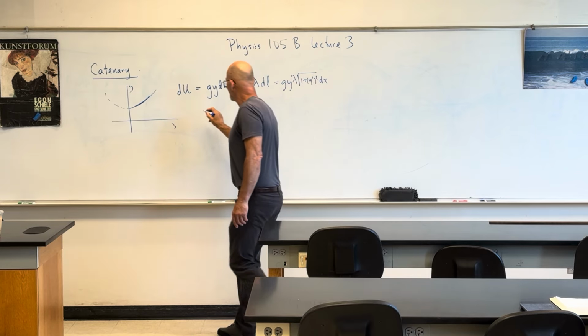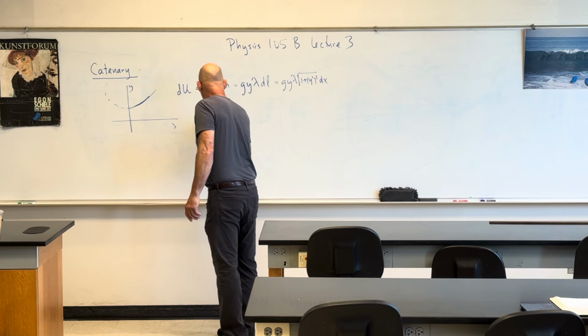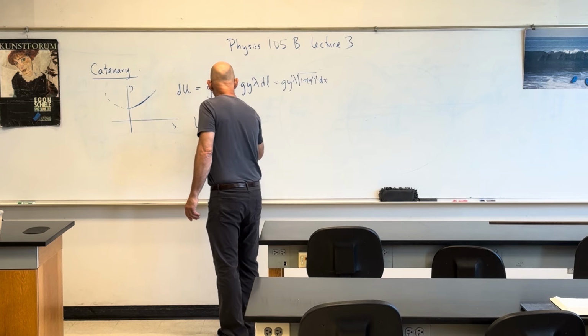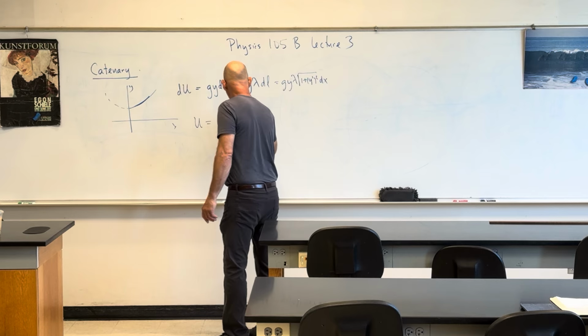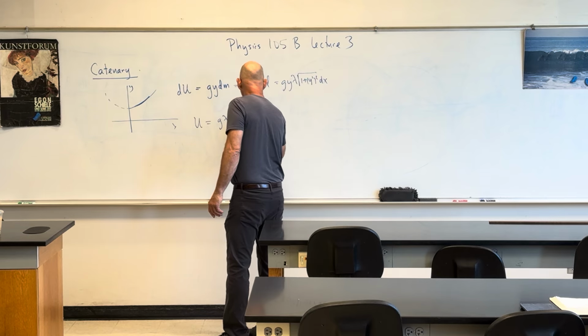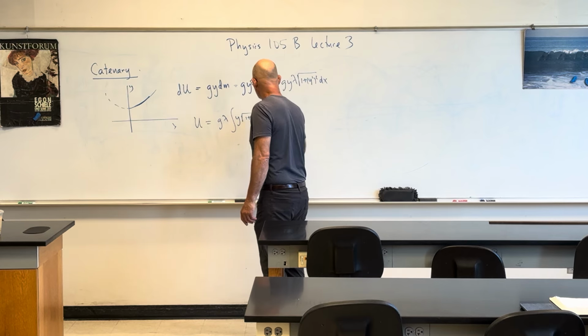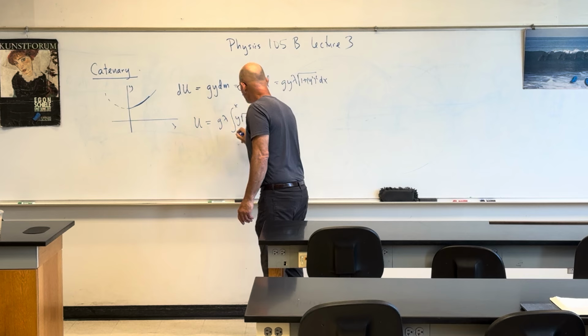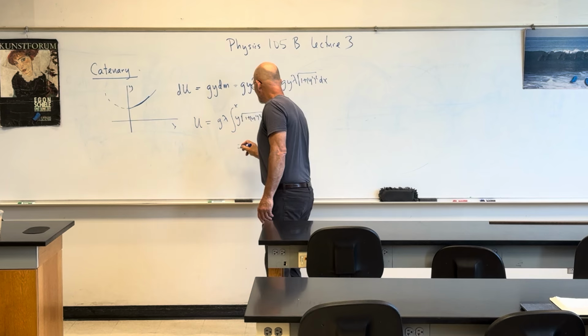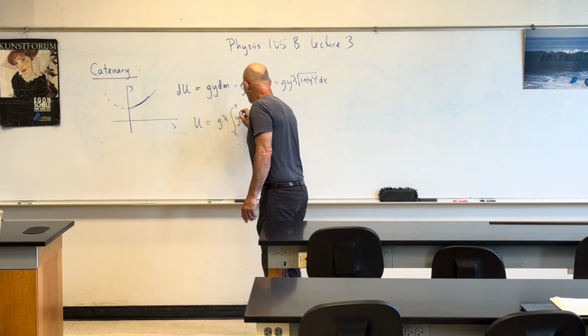And then we got U equals g lambda integral y root 1 plus y prime squared dx. I'm going to put x1 to x2.